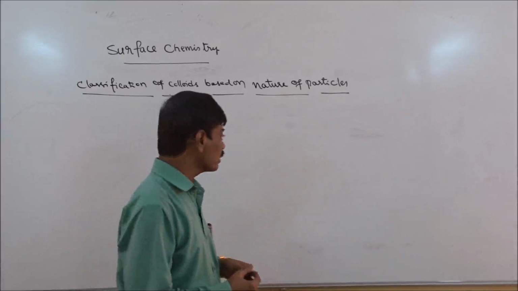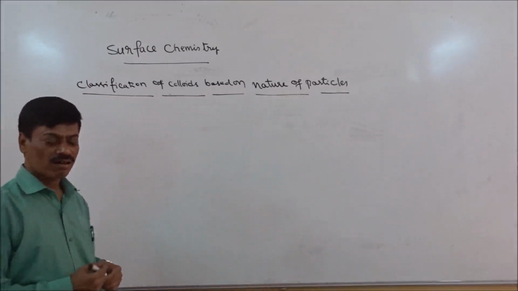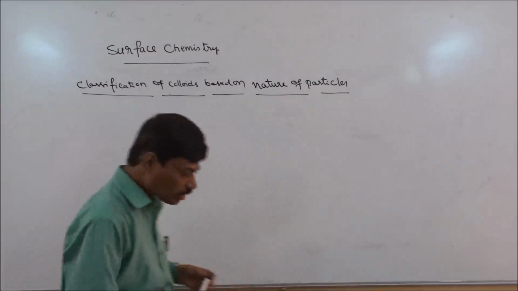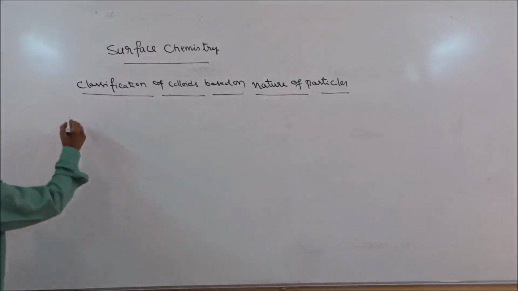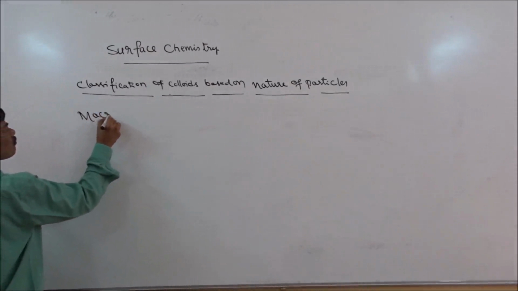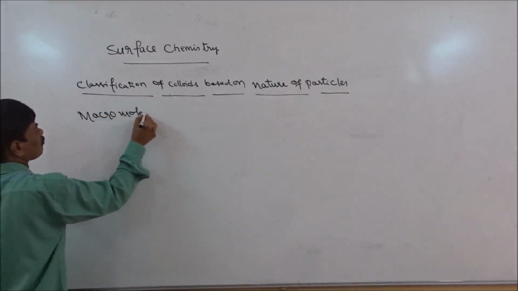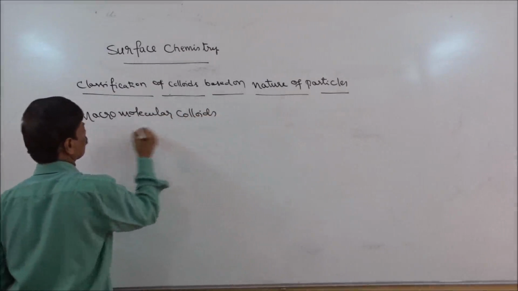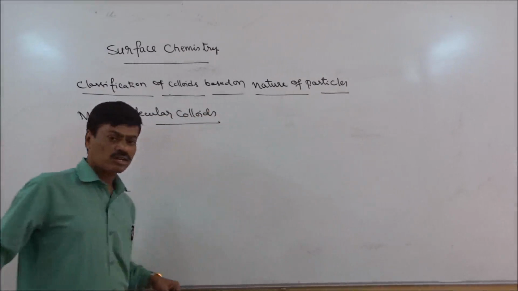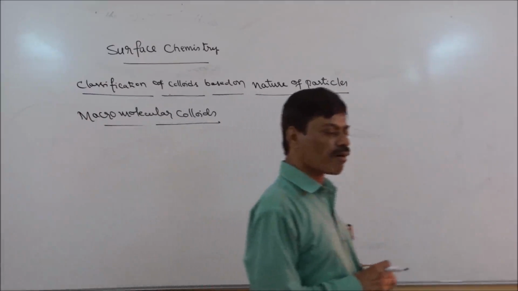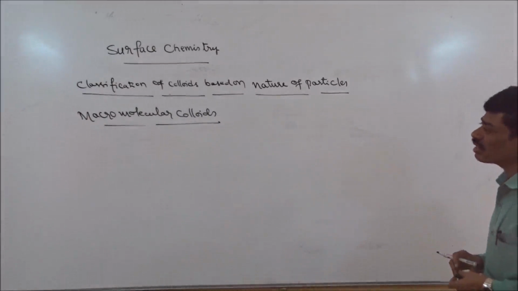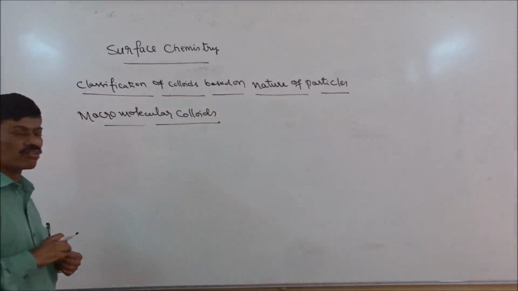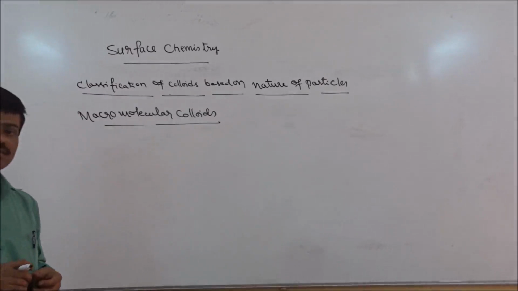Now let us see the second type of colloids. The second type of colloids are macromolecular colloids. The name macro itself indicates it. Macro means polymers, and the molecules of these macromolecular colloids are much bigger in size.